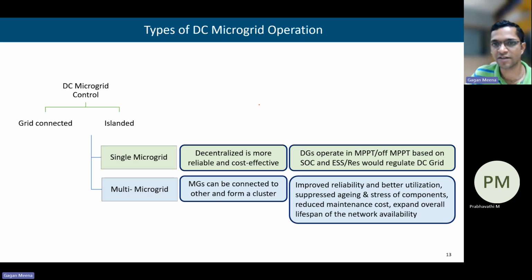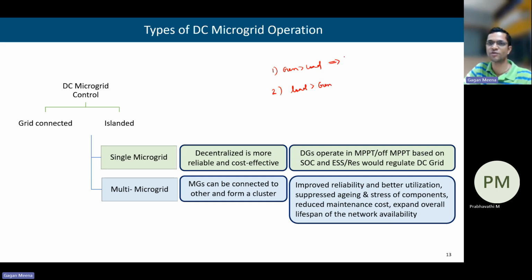The distributed generators, because it's an islanded mode. Now there are two cases: either generation is more than the load, or the load is more than the generation.